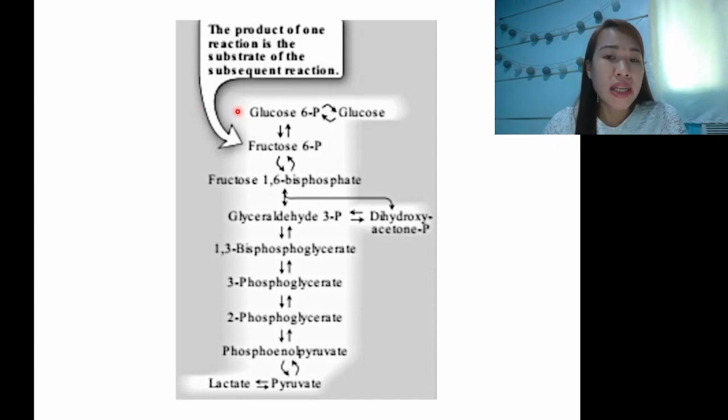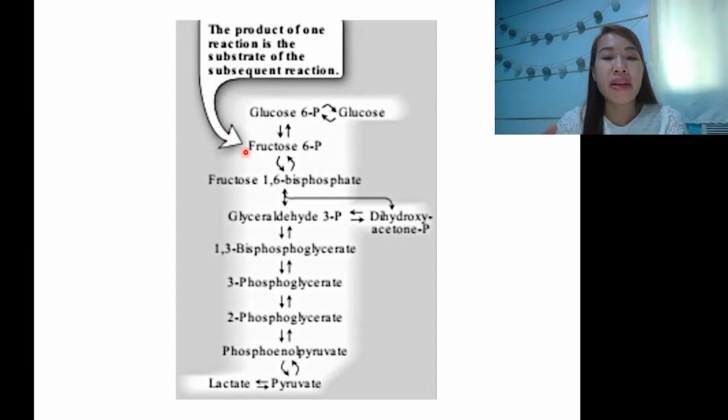Now, metabolism is the totality of an organism's chemical reactions that arises from interactions between molecules within the cell. I also want to emphasize on this slide that here we see glucose 6-phosphate as a substrate, and the product of one of these reactions, which is fructose 6-phosphate, will actually be the substrate for the subsequent reaction.